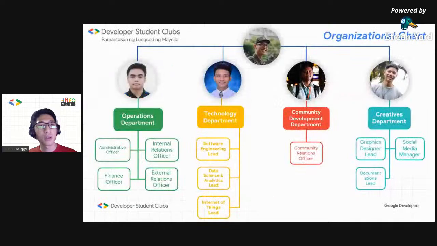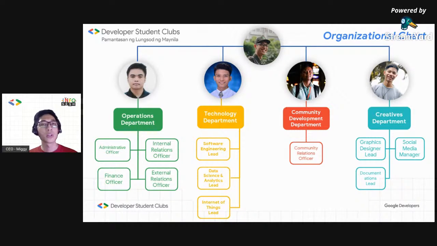So now let's head on to the next one. We would like to briefly discuss how the DSC would be structured. Basically, we would like to show you how the org would work internally and how our additional officers will also be used.